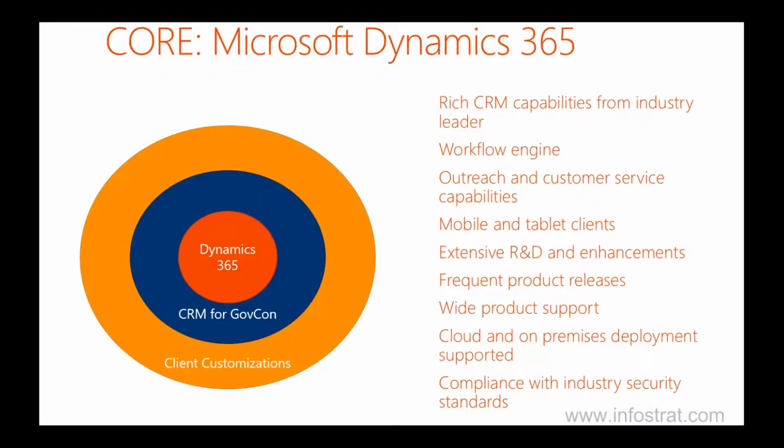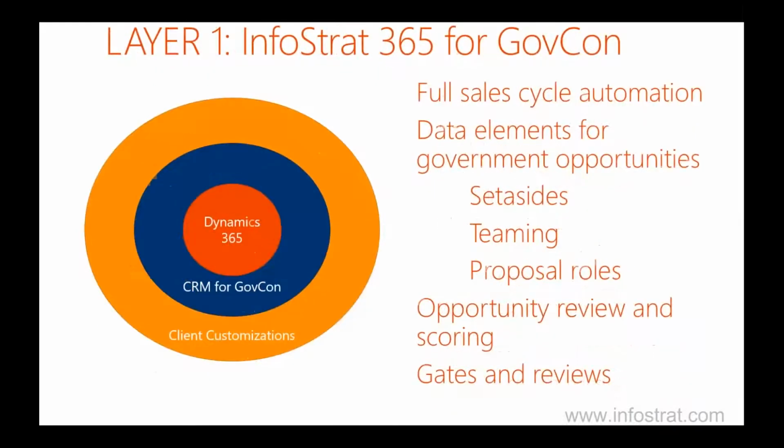The next layer is what I'm going to be showing you today, InfoStrat's solution for GovCon, where we've added the data elements, the workflows, the business processes for a typical government contractor. That means things like teaming agreements and what kind of an opportunity it is, whether it's got a special set-aside characteristic that constrains who can bid on it.